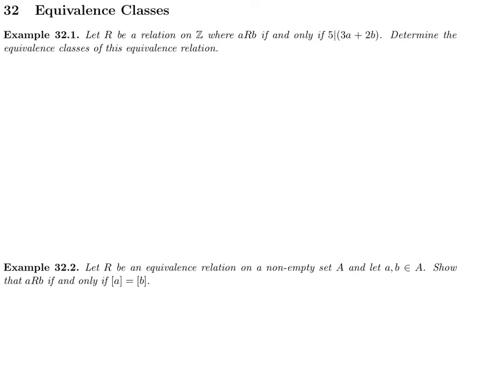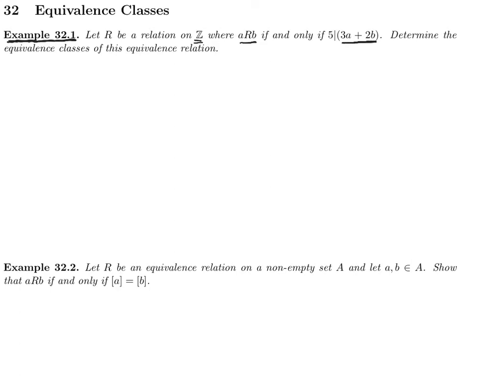In this video, we're going to talk a little bit more about equivalence classes. So I want to do a little example first. We're given the following relation. We have a relation on Z, and two elements in Z are related if and only if 5 is a factor of 3a plus 2b.